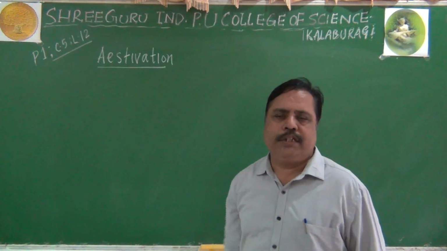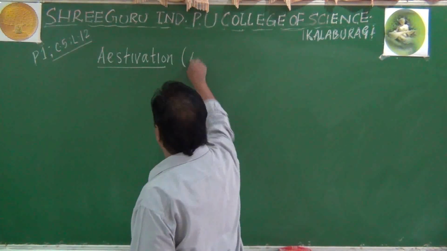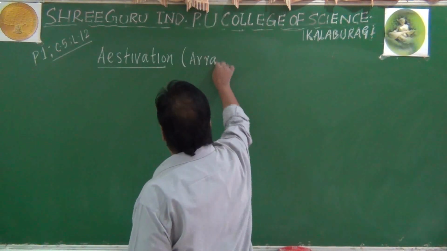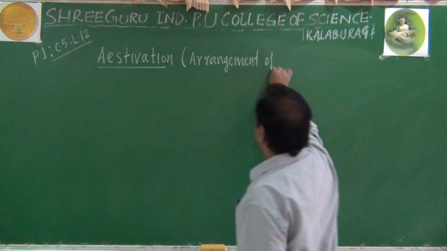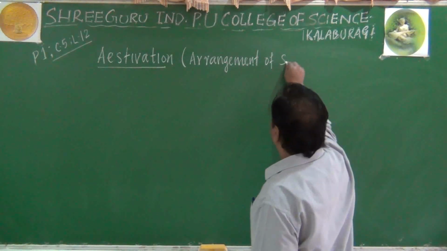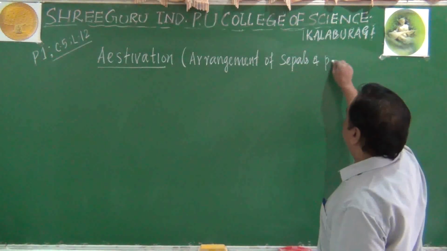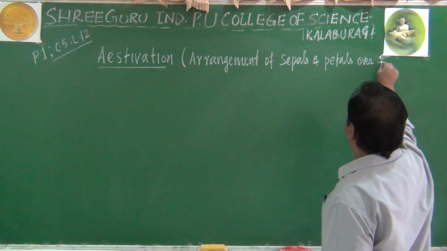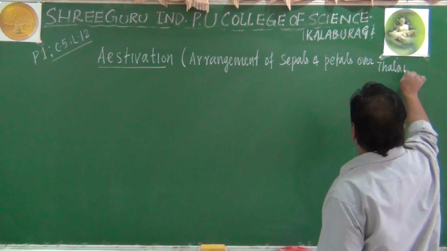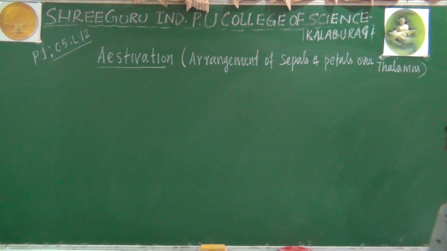The word aestivation refers to the arrangement of sepals and petals over the thalamus. Sepals and petals over the thalamus is known as aestivation.